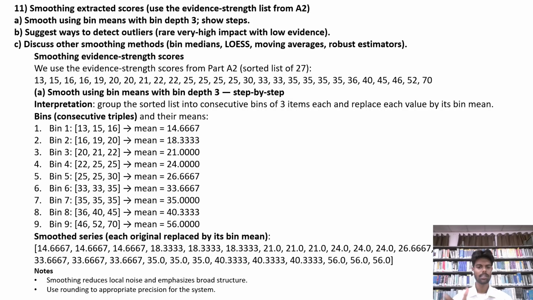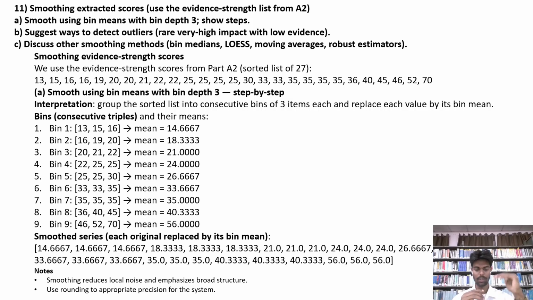We use the evidence strength scores from part A2, a sorted list of 27: 13, 15, 16, going on to 70. A, smooth using bin means with bin depth 3. Group the sorted list into consecutive bins of 3 items each and replace each value by its bin mean.